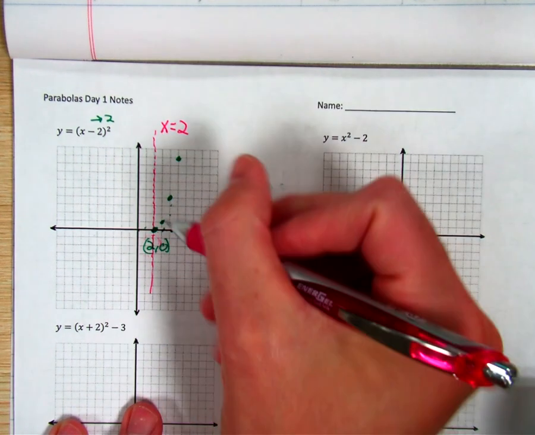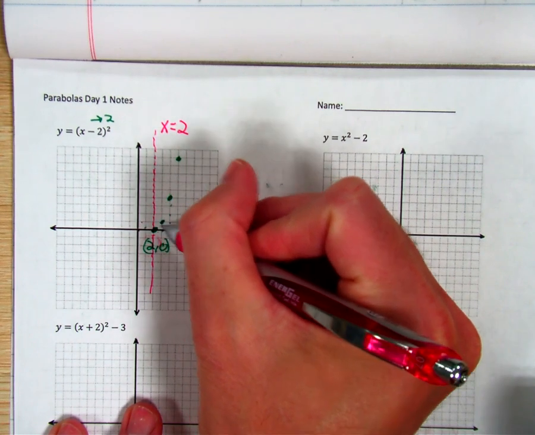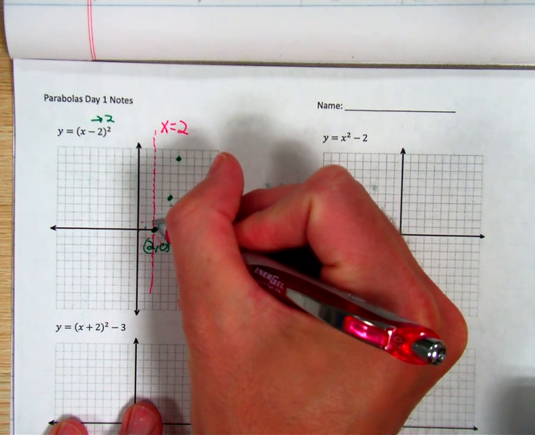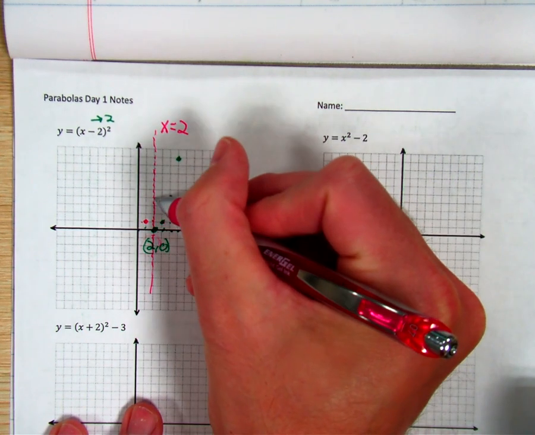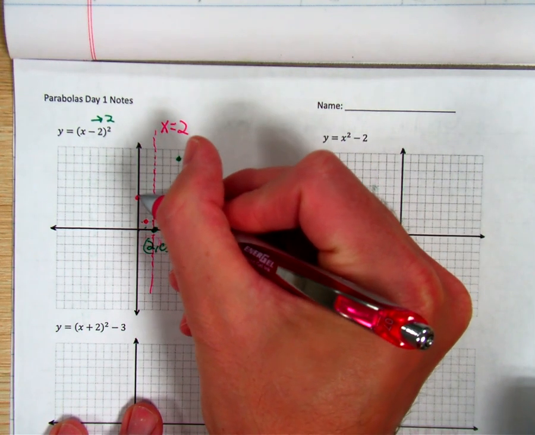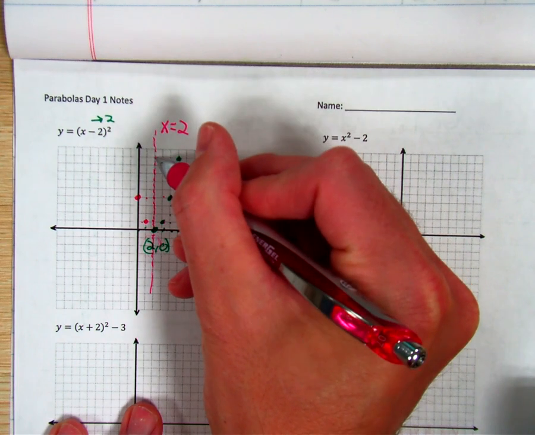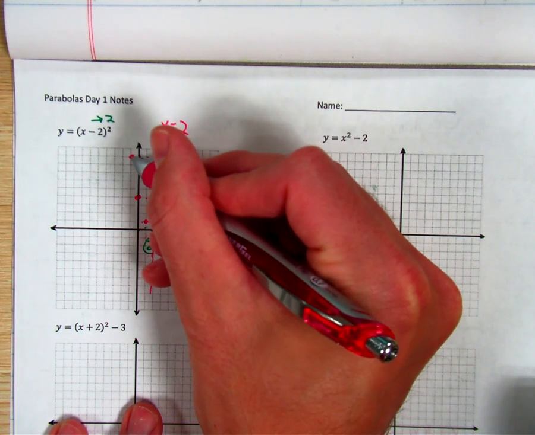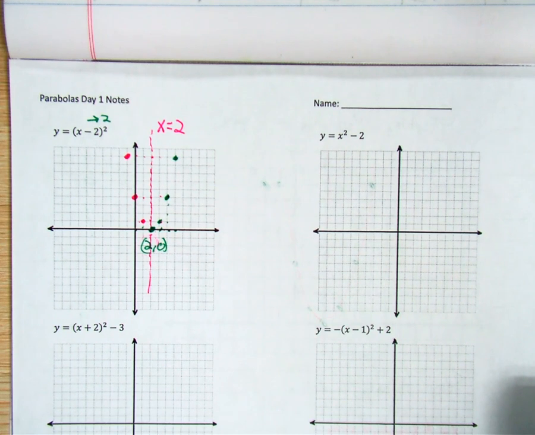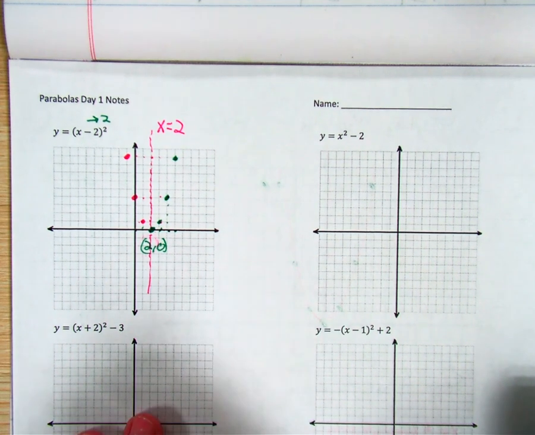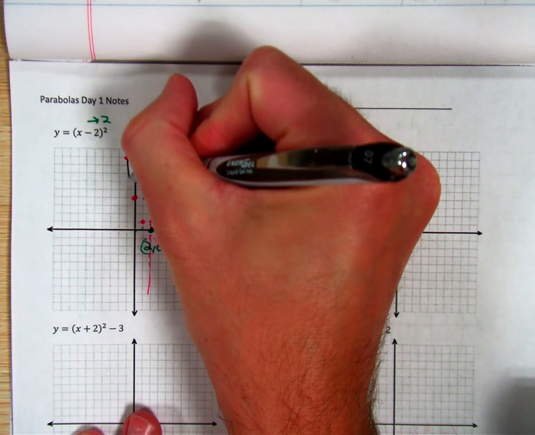Then we can reflect these dots over the line. So this dot is 1 away from the line. Go 1 past the line on the other side. 1, 2, 3. And there are the reflections over the line. Smooth it out, smooth curve.